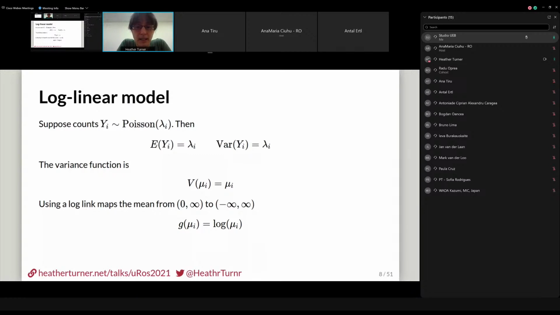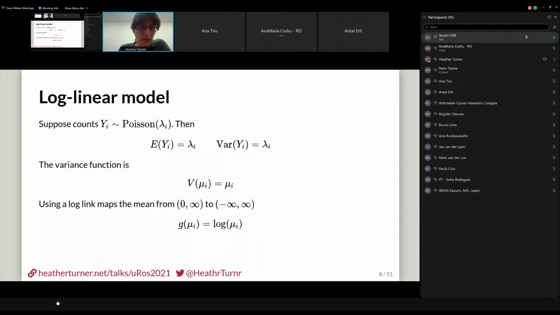The variance is equal to the mean. And in this case, we want to map from positive values, or 0, to, again, the unrestricted scale. And this is what the log link will do for us. So we model the log of mu.